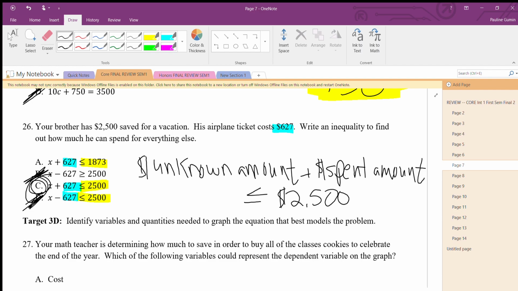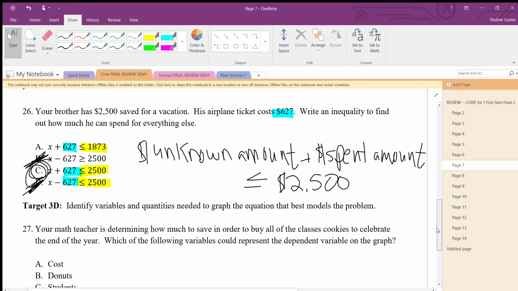The unknown amount plus the spent amount should be less than 2,500. Handwriting looks atrocious on here. My apologies. It doesn't get better.